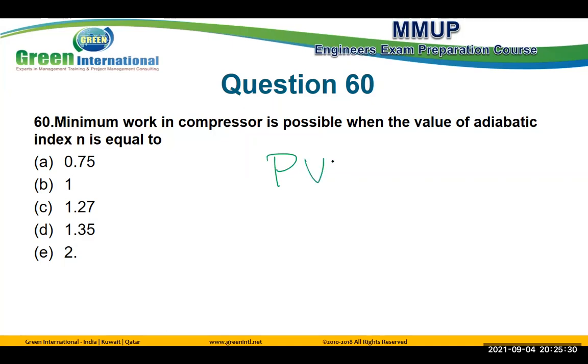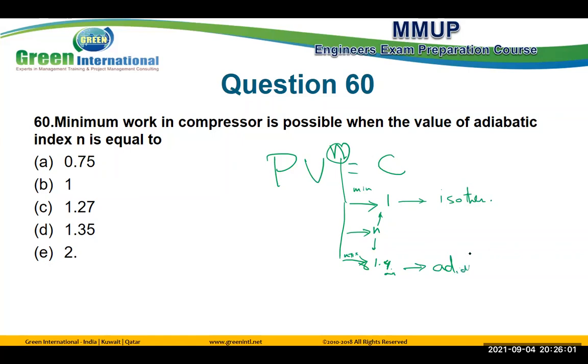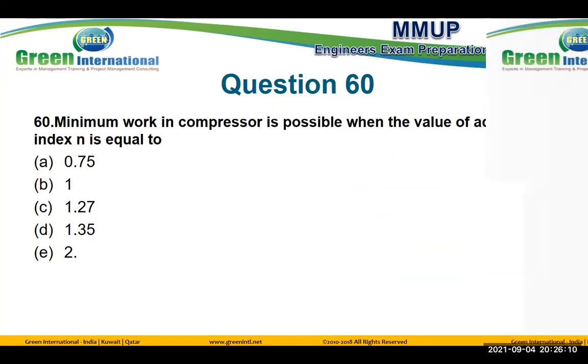The normal equation used for the work calculation is PV to the n equals constant, and n changes. The minimum is 1, which is the isothermal process. The maximum is gamma, 1.4 in case of air, which is the adiabatic process. In between is the polytropic process. So to obtain minimum work, n is equal to 1.